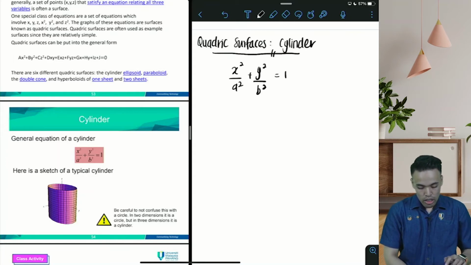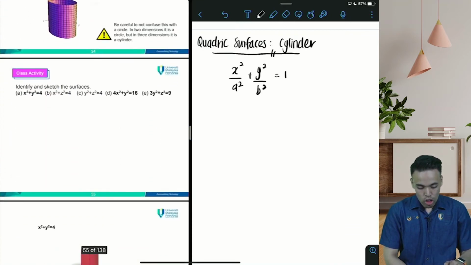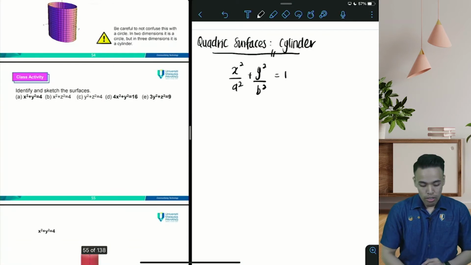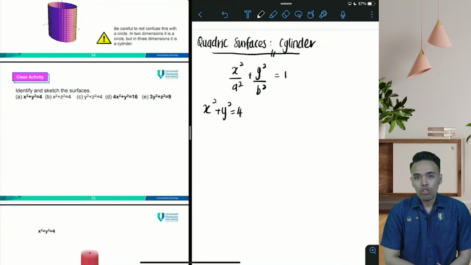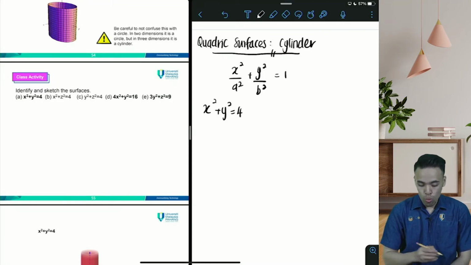Alright, let's go straight away to the class activity where you are given x squared plus y squared is equal to 4. You can see from here, when the value of A is equal to the value of B, you will end up with this equation, and in a two-dimensional coordinate system, you will end up with a circle with radius 2.